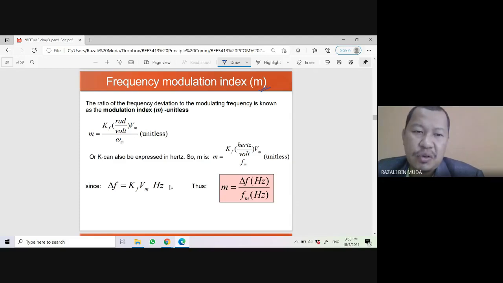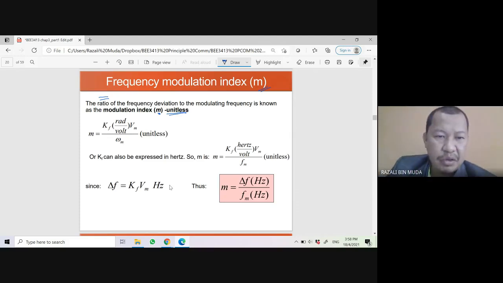The ratio of frequency deviation to the modulating frequency is known as modulation index, M. And because it is a ratio, M is unitless. M is the ratio of the frequency deviation delta F to the modulating frequency.